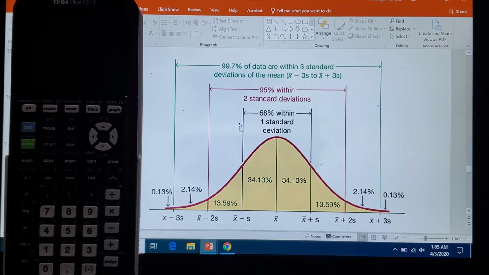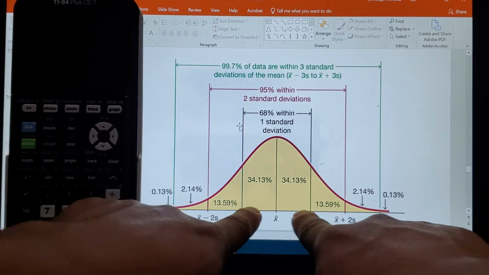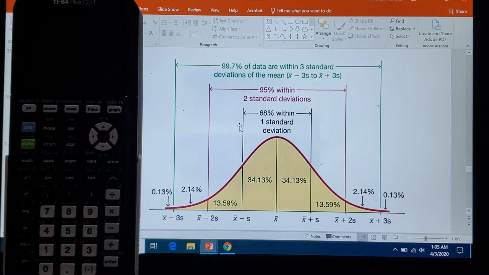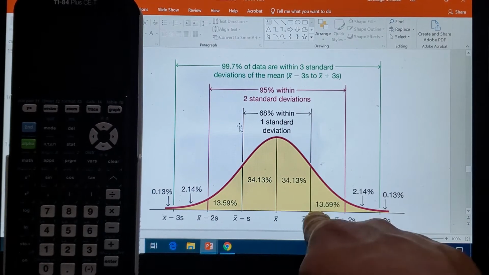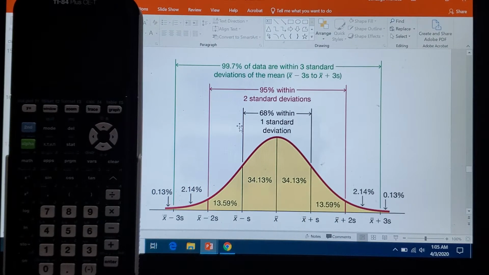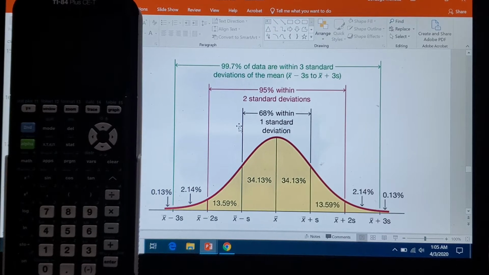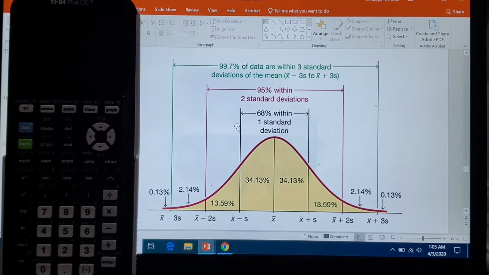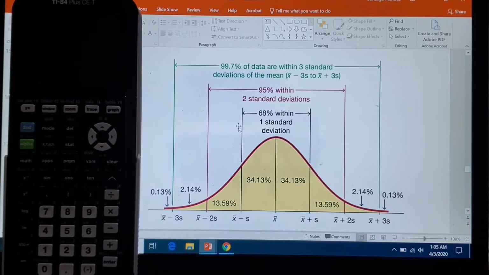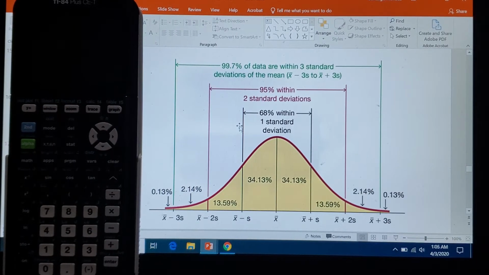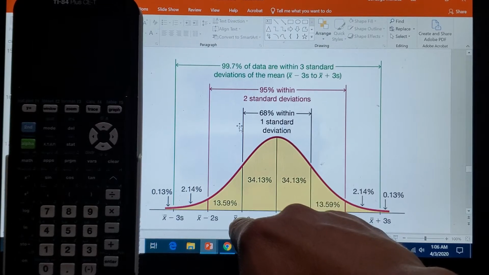But let me continue. When it says 1 standard deviation, it's implying that you're going above and below. If you're only going 1 standard deviation above, it would strictly say 1 standard deviation above or 1 standard deviation below. If all you say is 1 standard deviation and you don't say above or below, you assume it's both.